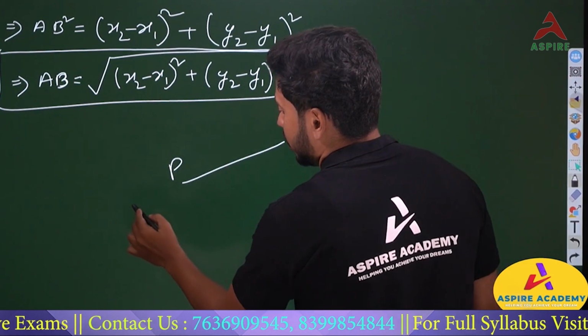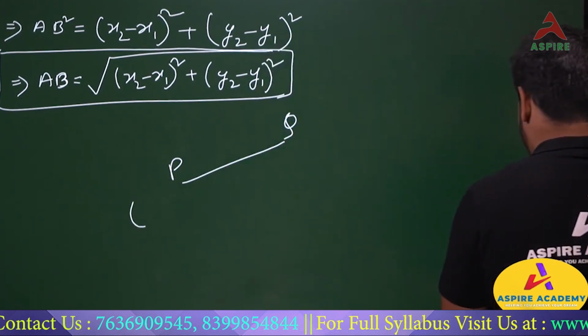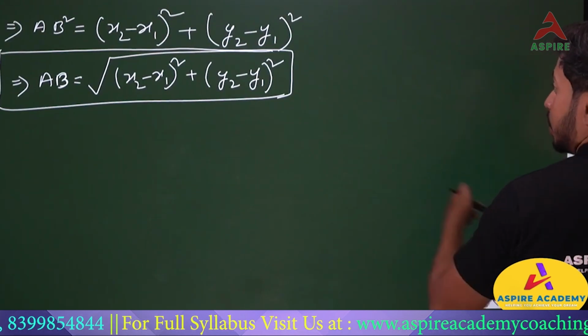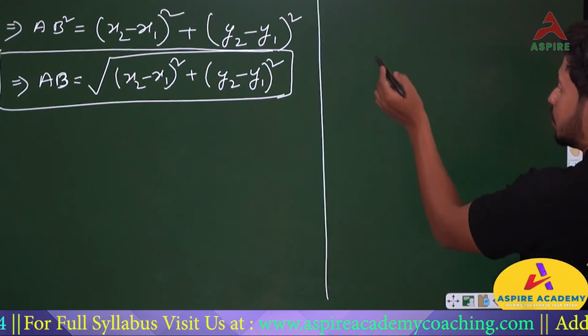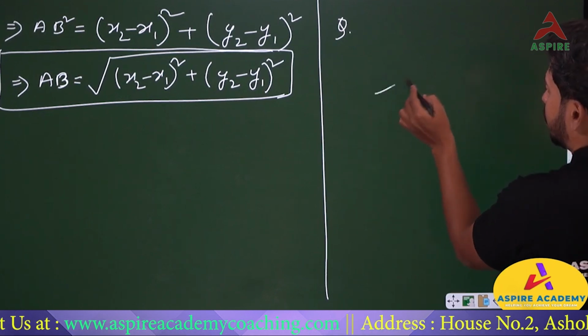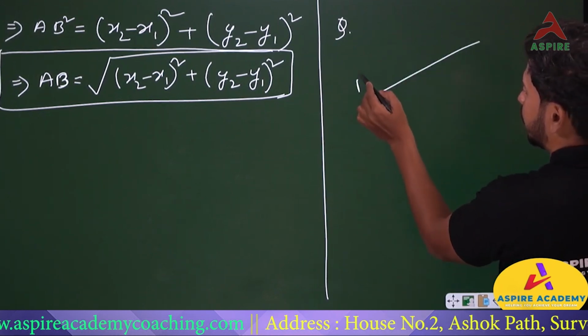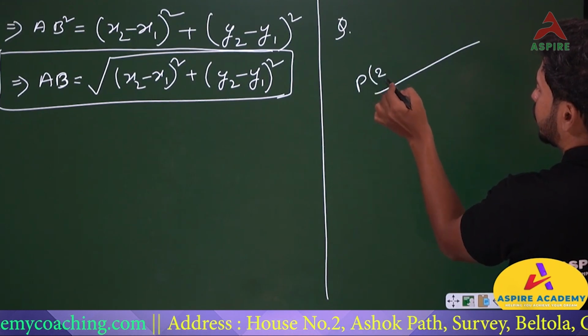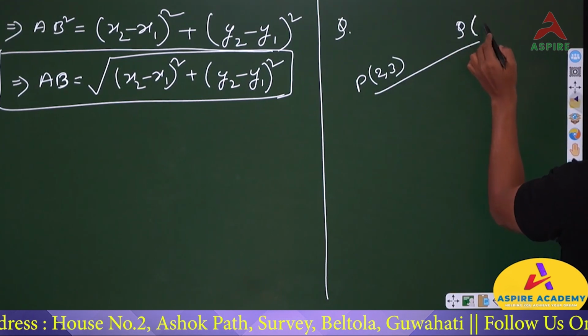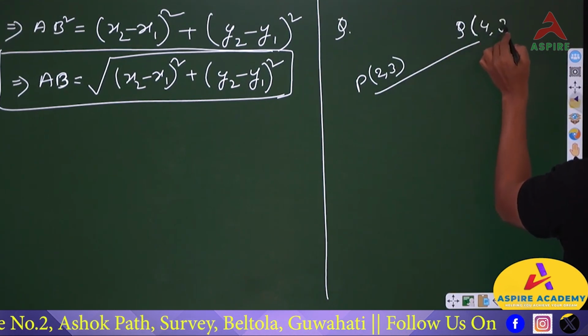And suppose I am doing an example here. Suppose a question is there. Suppose you have to measure the length of this line, right? Suppose P is 2, 3 and Q is 4, 7.